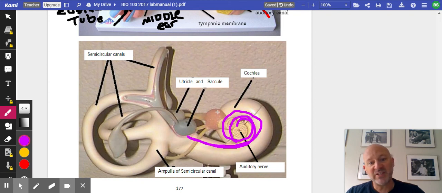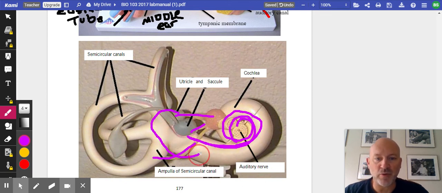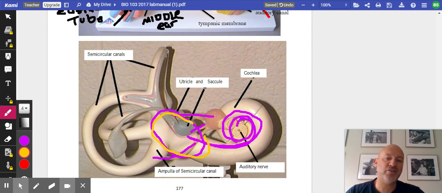And then we have the vestibular nerve. The vestibular nerve kind of extends around the vestibule. Here's our vestibule here. The vestibule is divided into two sections. We have an utricle and a saccule. All right. Again, the utricle and the saccule have structures that communicate with the brain for balance.